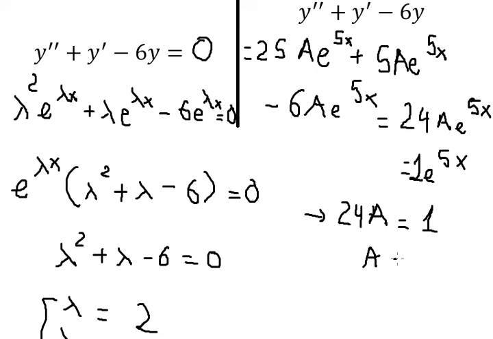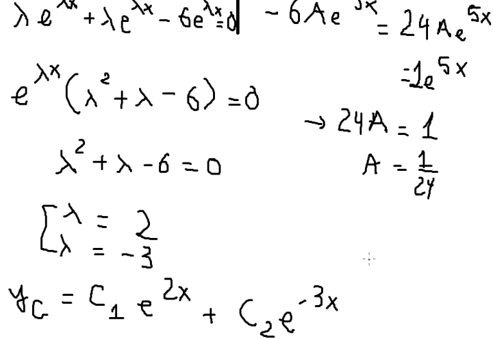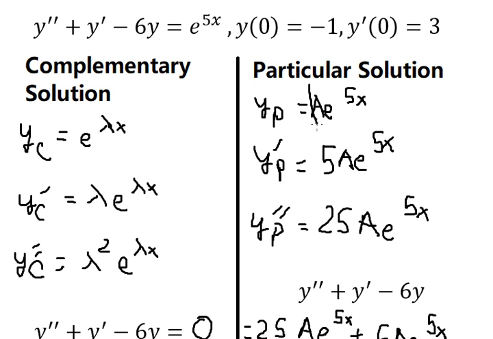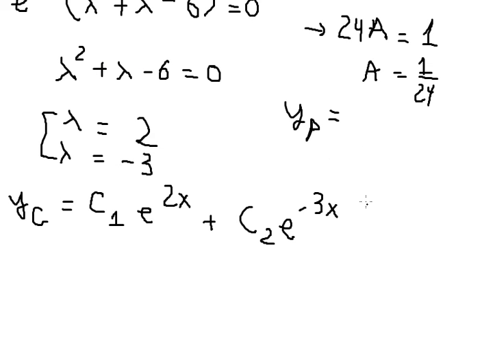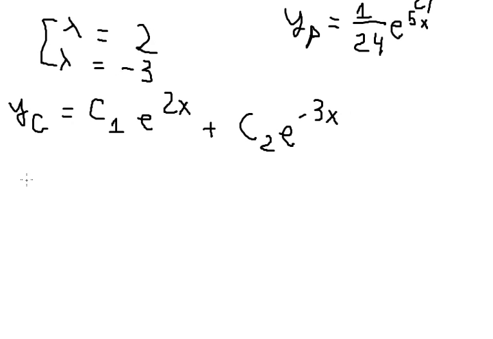So A should be equal to 1 over 24. And that means yb. So we put this number in here to change capital A in here. And now we have y equals yc plus yb.